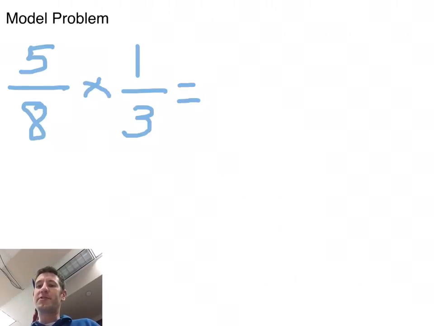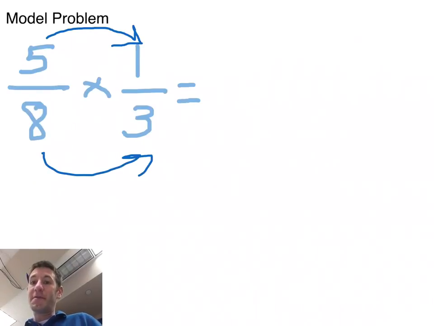So if I'm going to solve a problem like 5/8 multiplied by 1/3, here's the process. I'm going to multiply the numerators together, and the denominators together, and that's going to give me my answer.